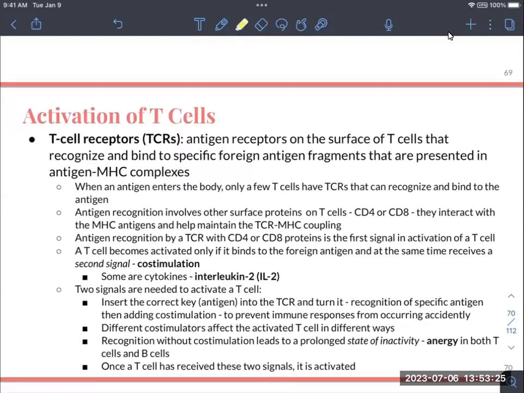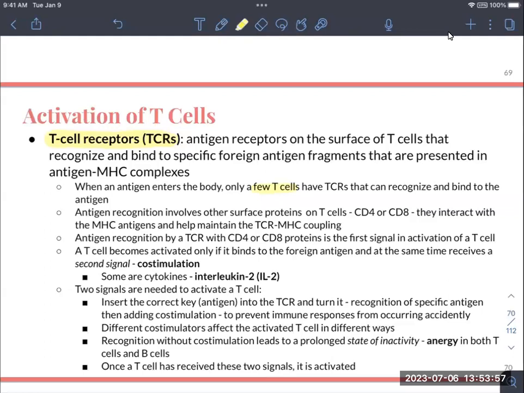So T cell receptors. Antigen receptors are usually on the surface of these different T cells. They're going to recognize this specific foreign antigen that these major histocompatibility complexes are presenting. When that antigen enters the body, again, we usually have a few T cells that are going to identify it.